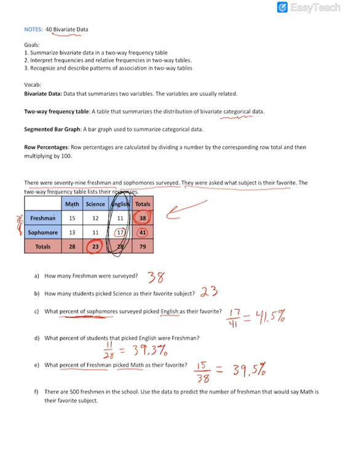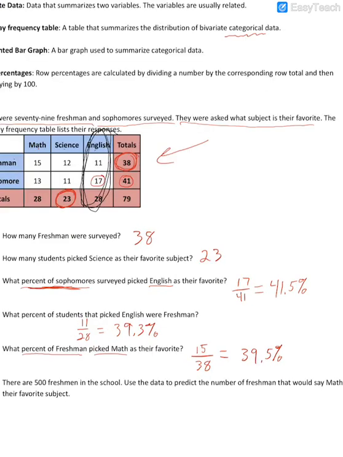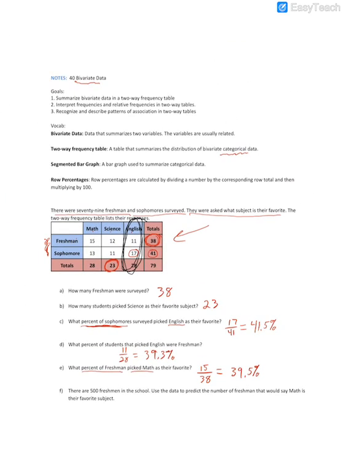There are 500 freshmen in the school. Use the data to predict the number of freshmen that would say math is their favorite subject. All right, so this is what we can do. I like to set these up as a proportion. I like to say 15 out of 38 equals X out of 500. That's the way I think about it in my brain. We also know another way: since we have the percent already, the 39.5%, we could just multiply that by 500.